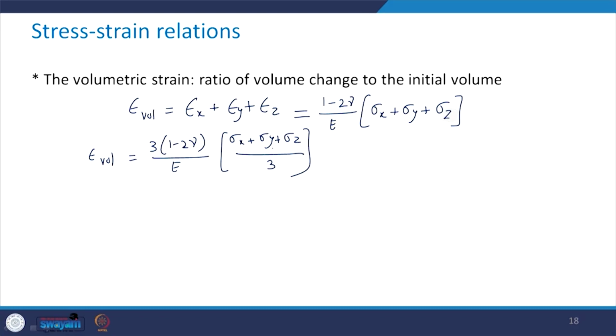It is the same expression, but this will be 1 upon k, sigma x plus sigma y plus sigma z divided by 3.